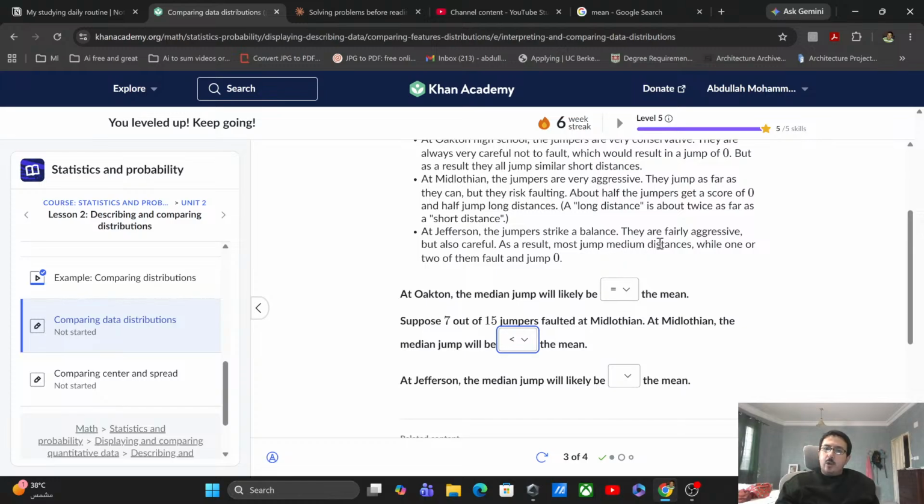Let's say long is twice, which is 2, and the medium is 1.